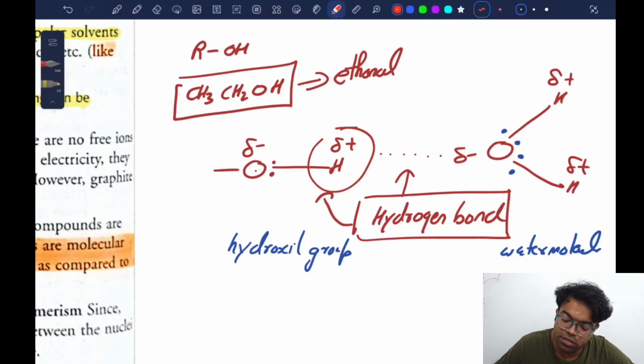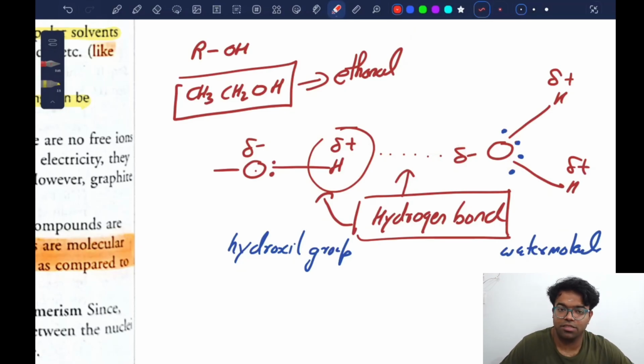A few other bonds that belong to this group are the Van der Waals bond and the London dispersion bond.